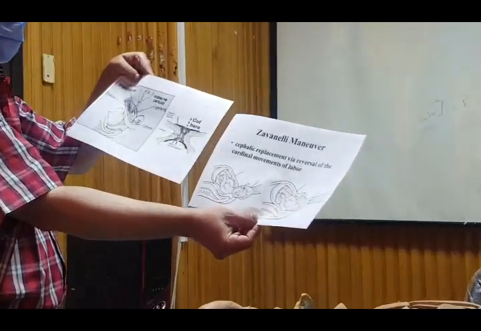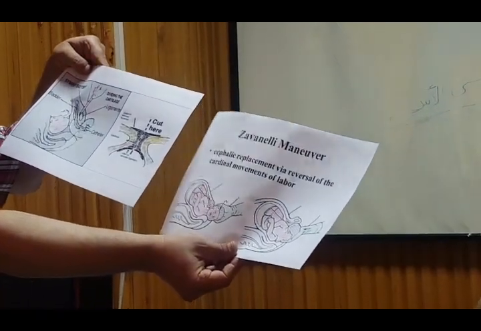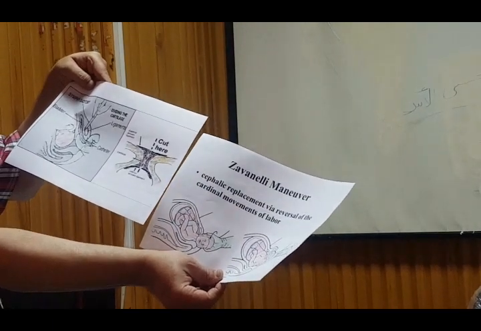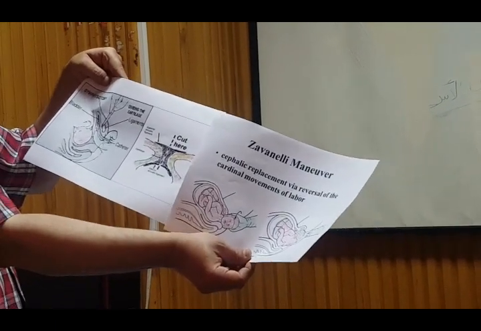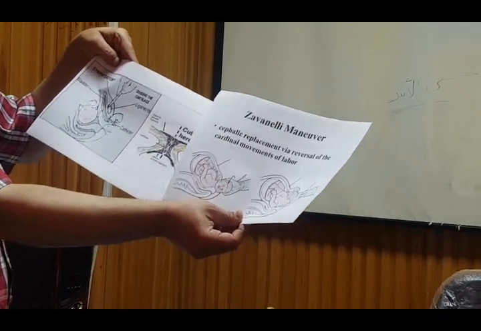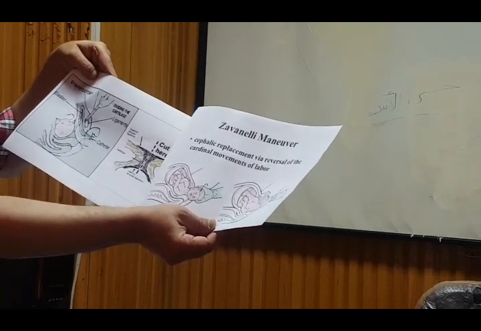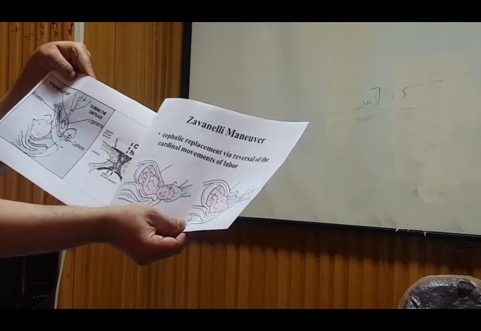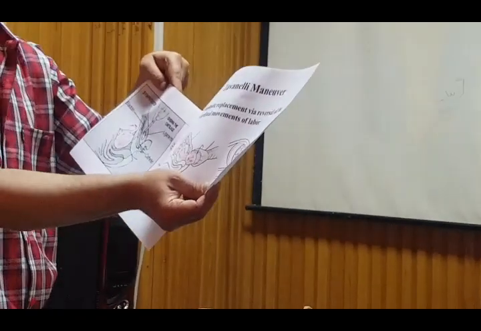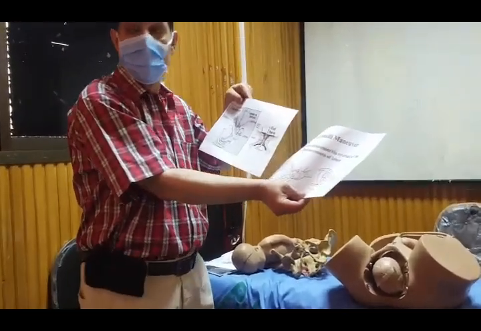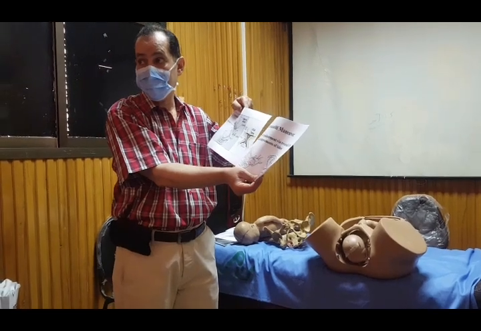I have one of these choices. Either symphysiotomy or the Zavanelli maneuver. The symphysiotomy, I'll cut here in the symphysis pubis. In the Zavanelli maneuver, I'll do the reverse of labor by rotation of the head, increase flexion, and pushing the head up inside the uterus. Then do cesarean section. Of course, it is not an easy job to do that.